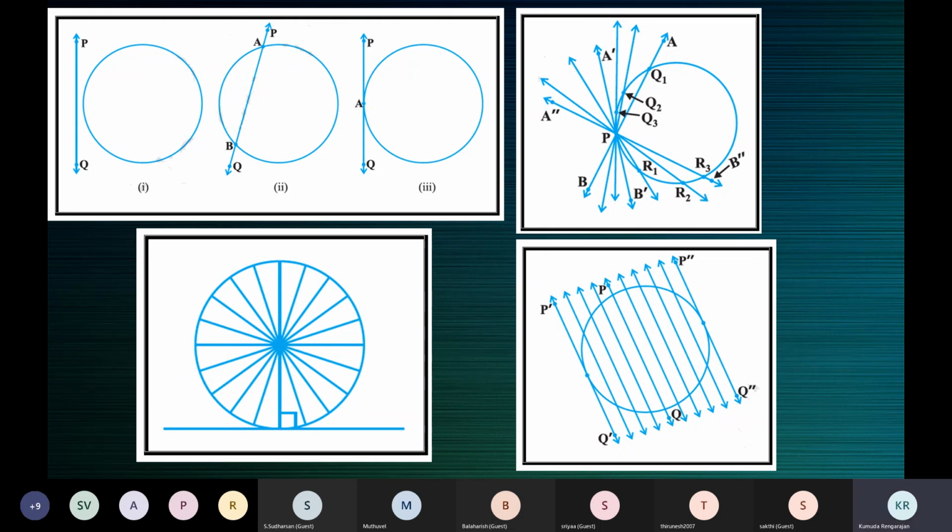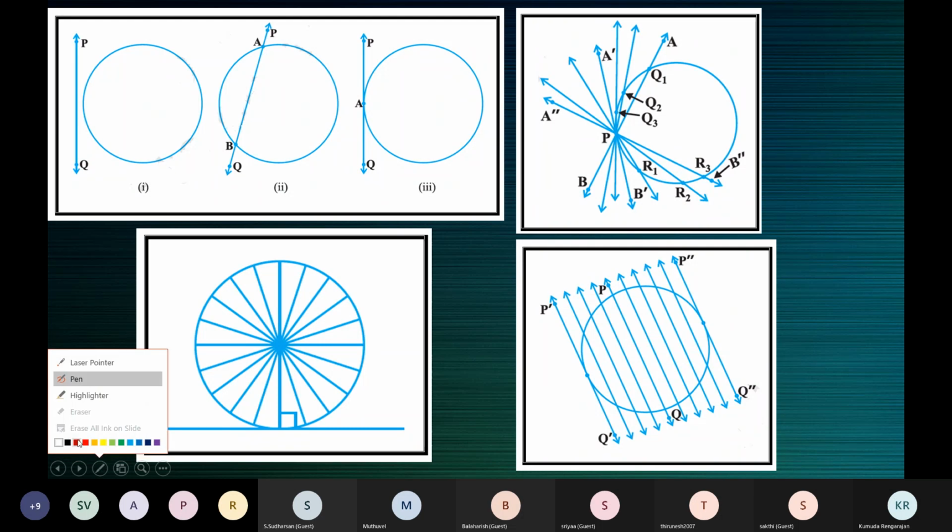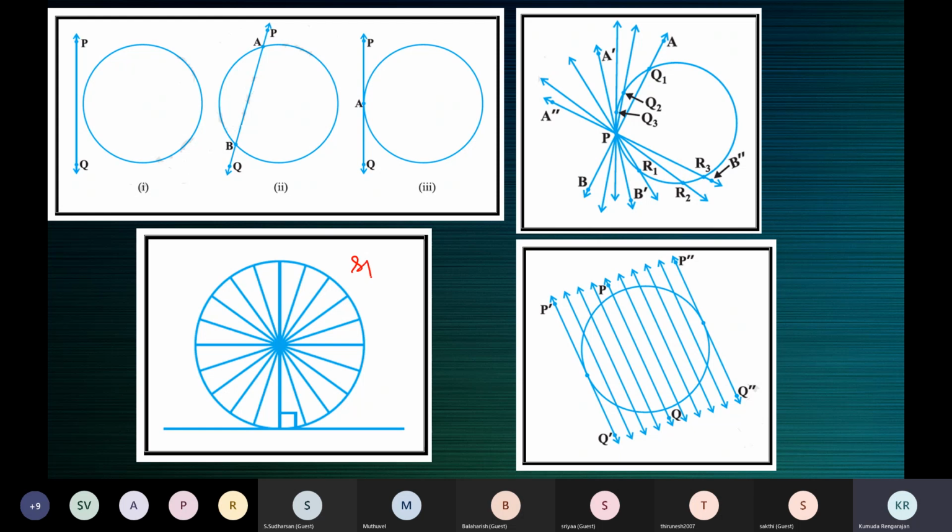So this is about the spokes of a wheel. And this is the road, assuming it's plain. Each of these spokes will be perpendicular to the road when they come in contact with this point.